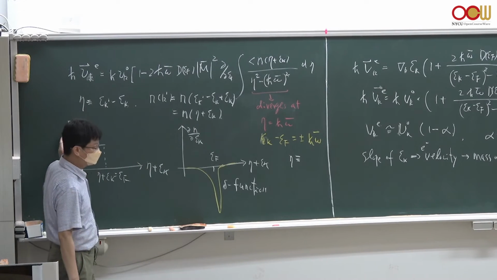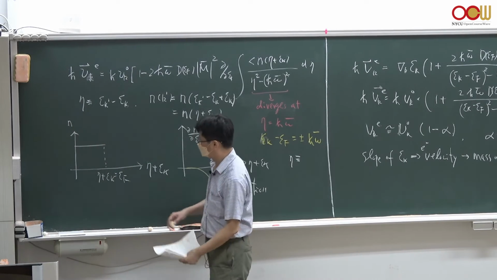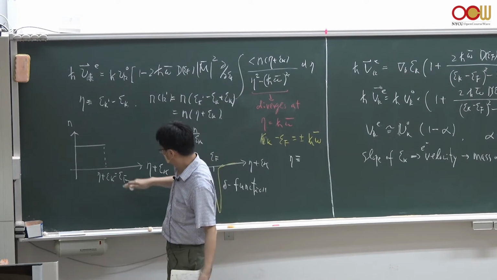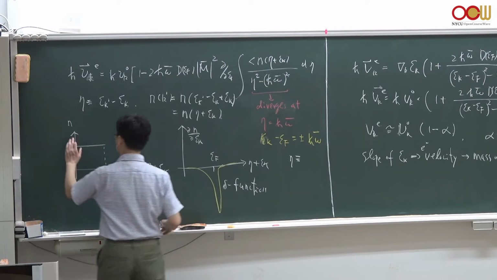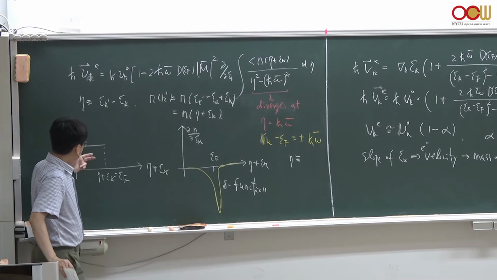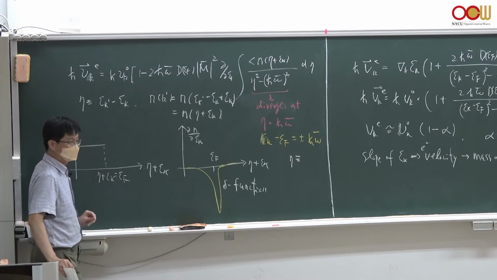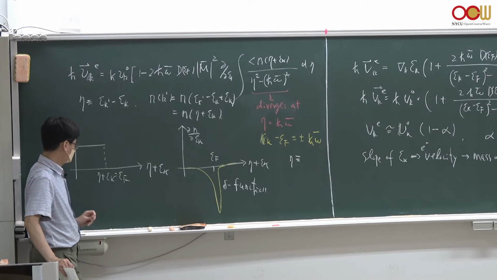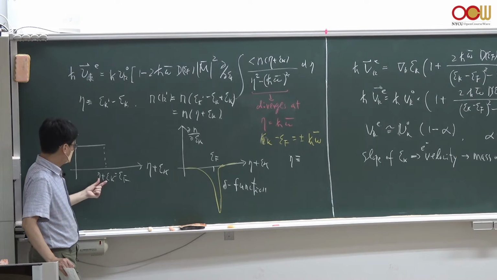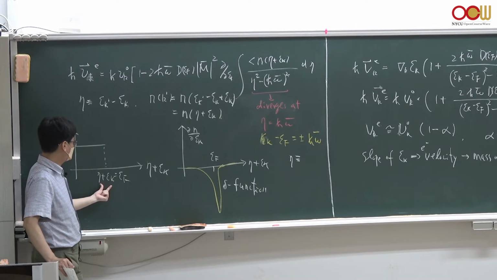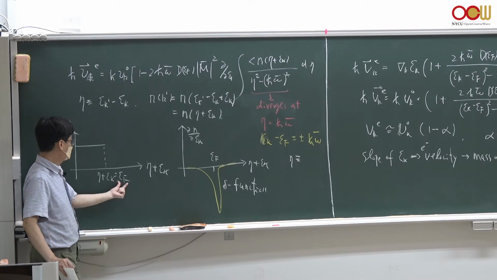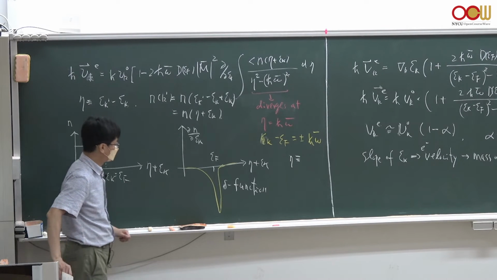The Fermi function is a step function at zero temperature, whose value is 1 below the Fermi surface and 0 above the Fermi surface. The Fermi function drops from 1 to 0 when eta plus epsilon k equals epsilon f.